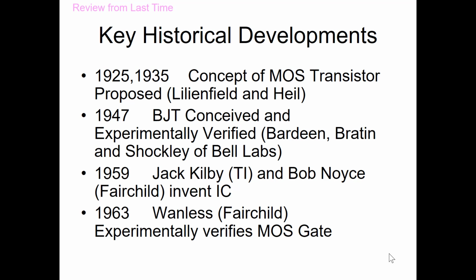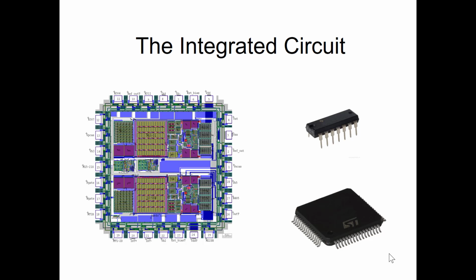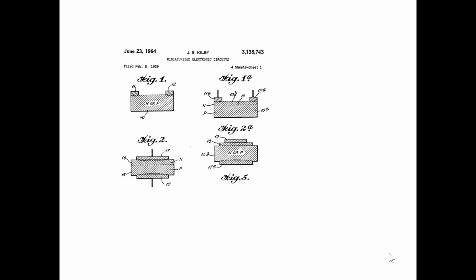And in the end, we said, well, they were co-inventors of the integrated circuit. So here's a picture of an integrated circuit. On the left, you'll see the die, and on the right, you'll see that die embedded in some package, a lot of times plastic, with some leads coming out.